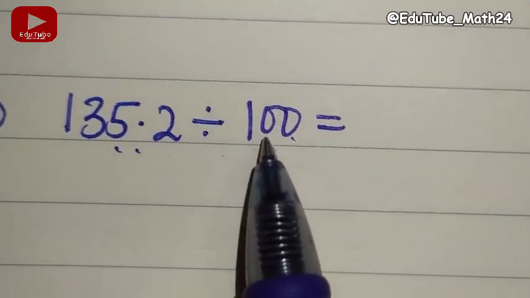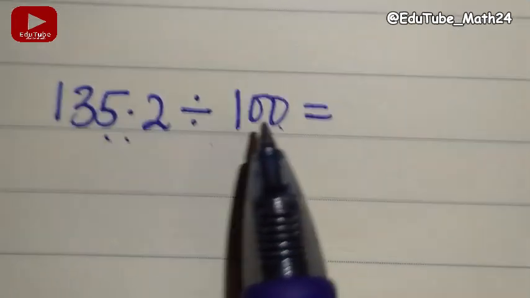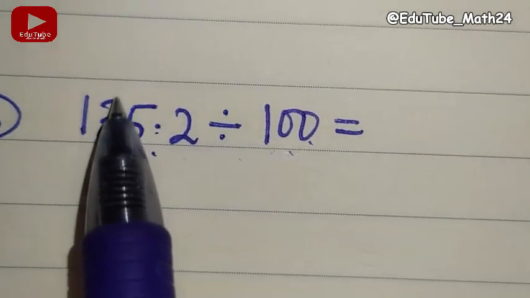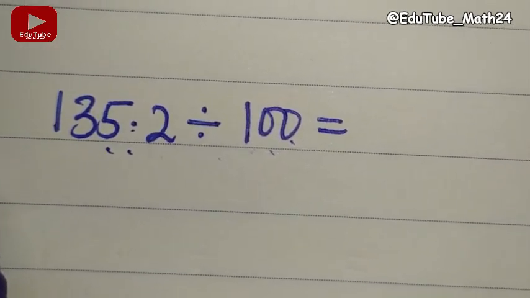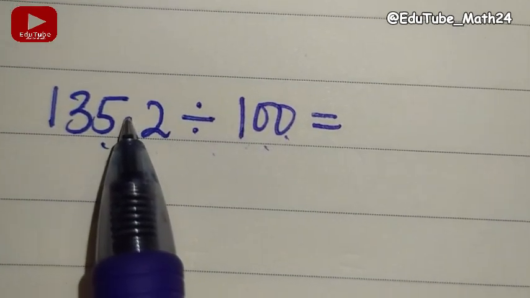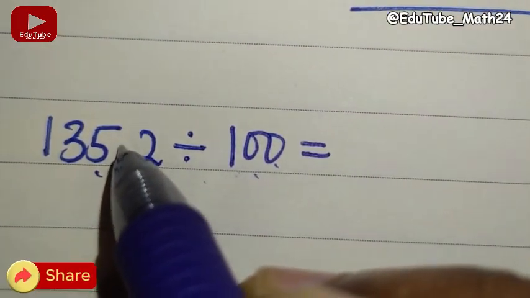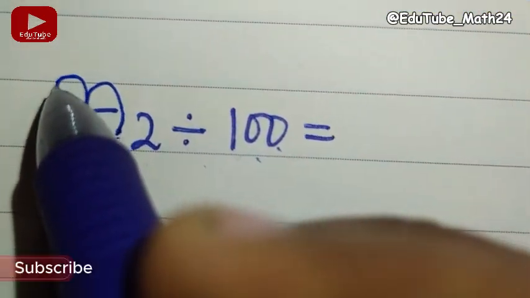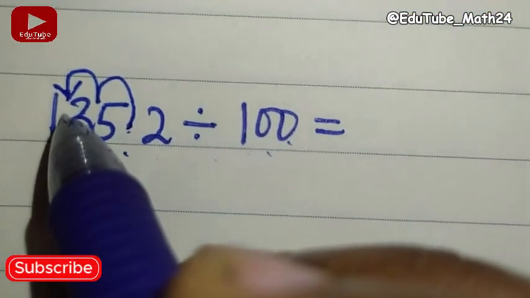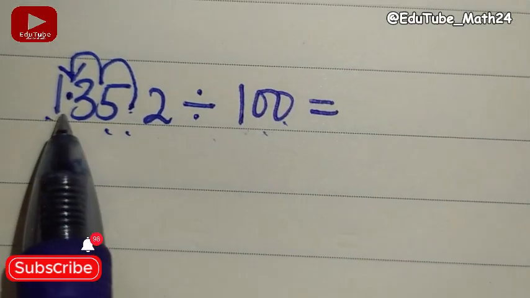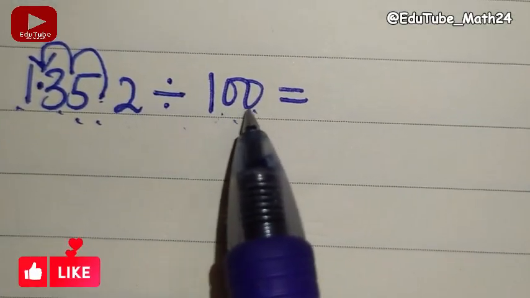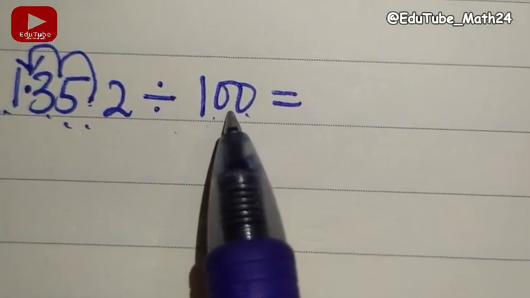What do I mean by that? We have 2 zeros here in our multiple of 10. That means we are going to move our point in 2 places to the left side. We are going to move our decimal point in 2 places to the left side like this, 1 and then 2. So our point has moved to a new position, which is between 1 and 3, because we have two zeros here.